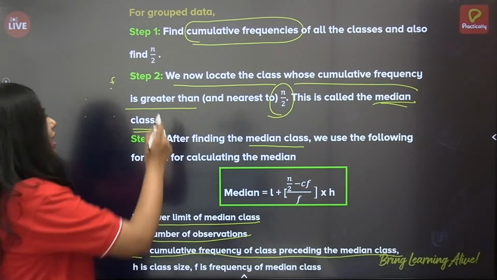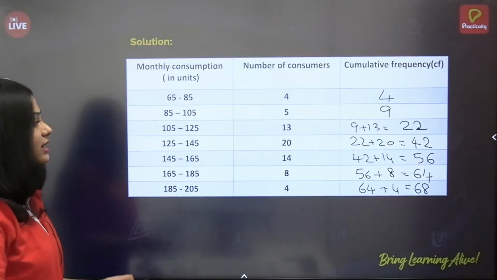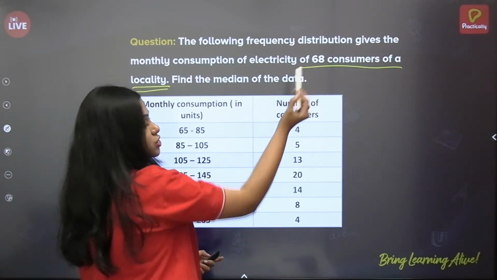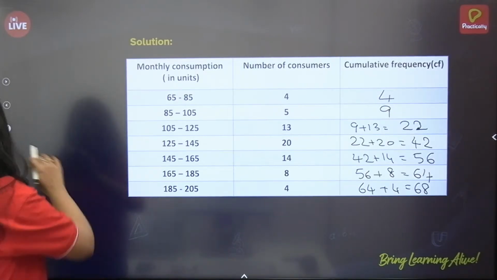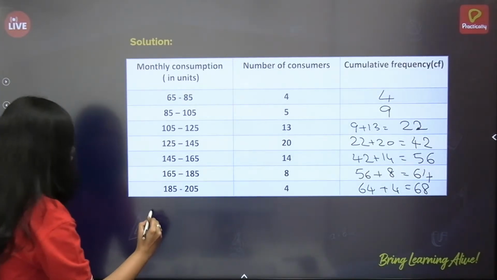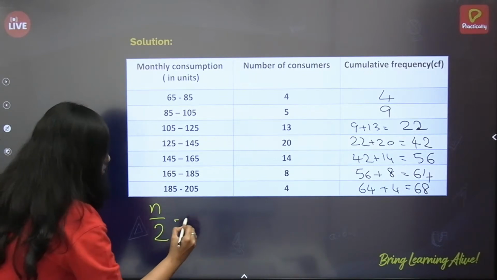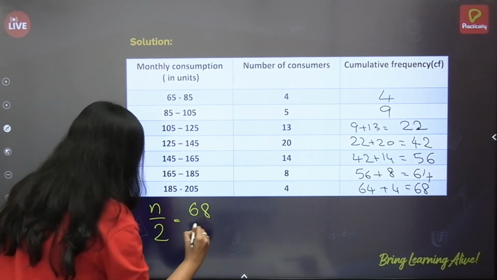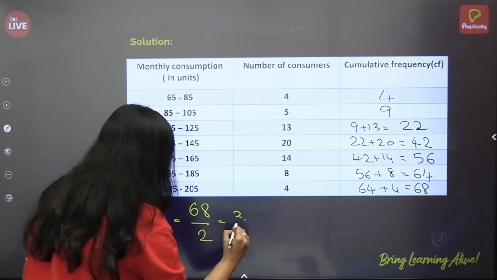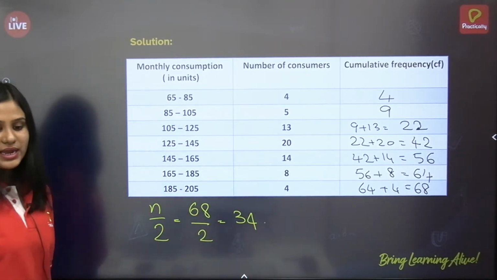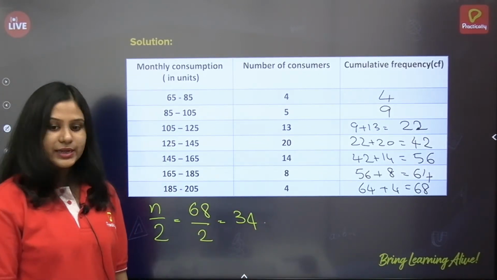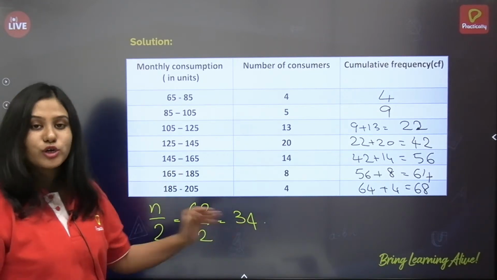Alright, now let us see what is the next step. We have to find n by 2 now. What is n here? How many observations did we get? 68, correct? So n by 2 is equal to 68 by 2, that is 34. Alright, my next step is also done. Next, after this, what do we have to do?